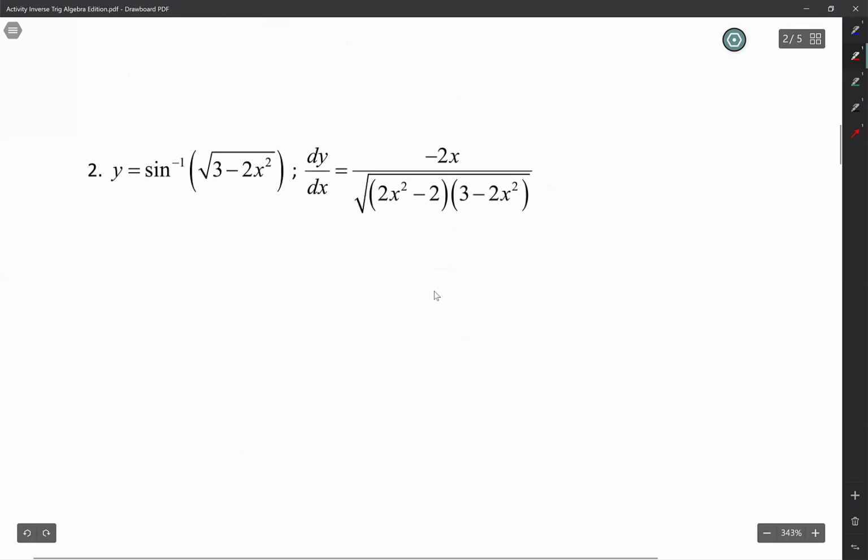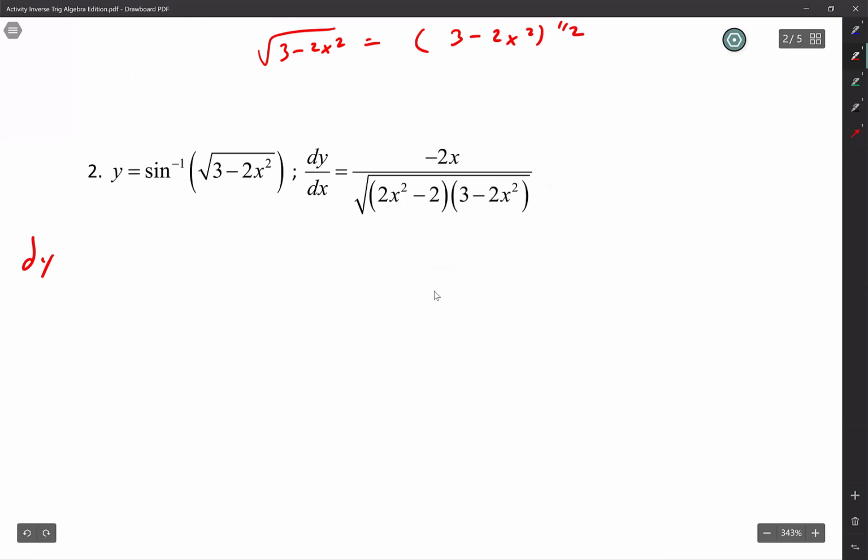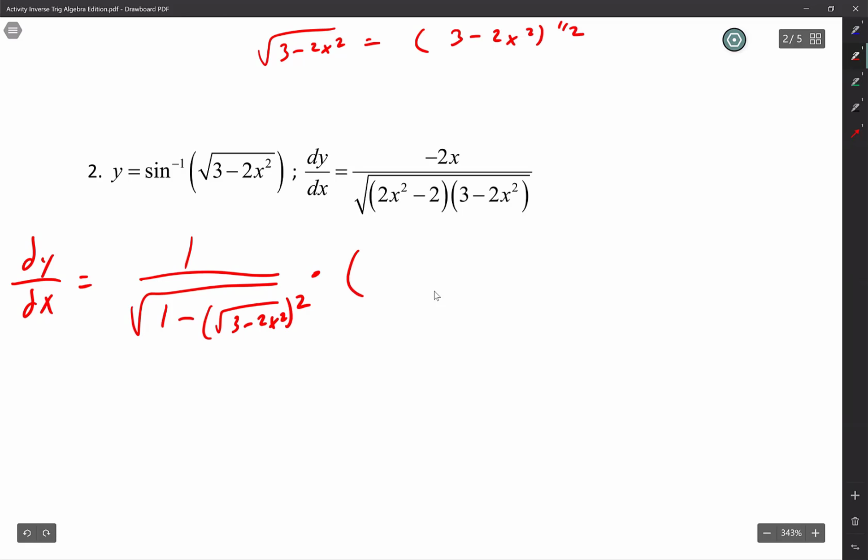That makes me happy. Real quick, square root of 3 minus 2x squared. That's the same thing as 3 minus 2x squared to the half. And here we go. So I'm going to write dy dx equals, and then the derivative of arcsine is 1 over square root of 1 minus the square root of 3 minus 2x squared, squared, times, now I got to take the derivative of that on the inside there.